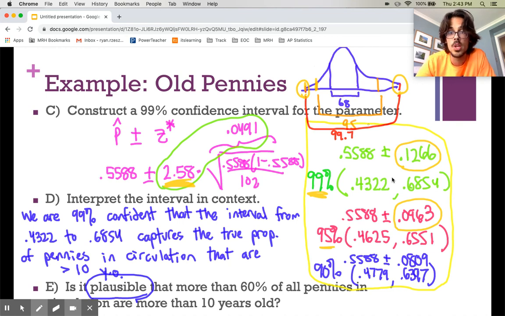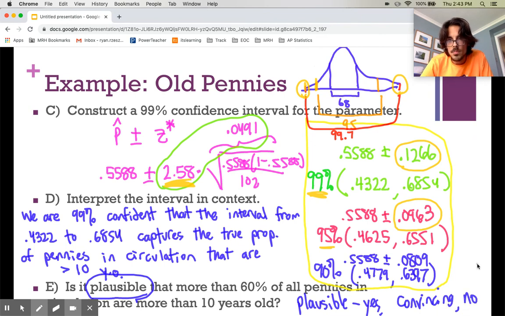There are numbers that are also below 60% in this interval. So we couldn't say for sure if it's above 60 or below 60. So is it plausible? Sure, it could be. But is it convincing? No, it's not. That's a difference that you guys have to be very careful about when you're doing these. So plausible, yes. Convincing, no.